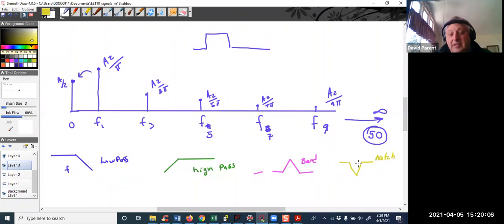Notch or band reject. So the low pass will let all the frequencies through up to some point, then it'll start to get rid of higher frequencies. The high pass will block lower frequencies and allow high ones. The band pass will block some lower and higher frequencies and allow a particular band of frequencies in, and the notch or band reject rejects a certain band of frequencies.